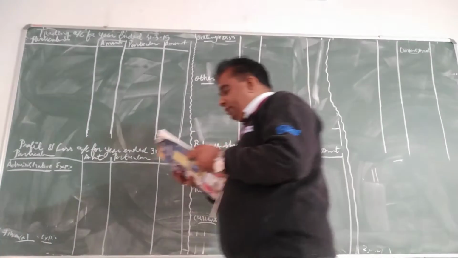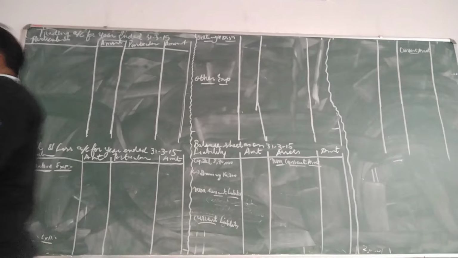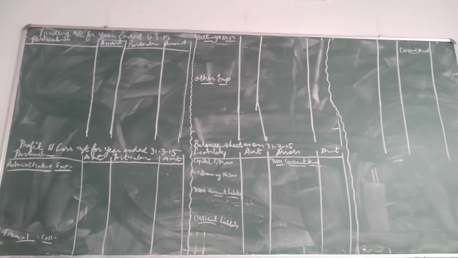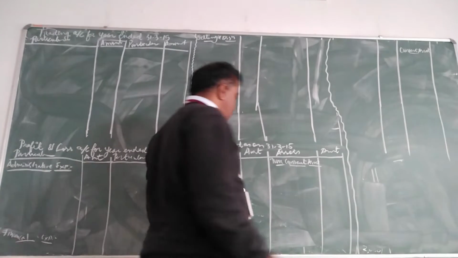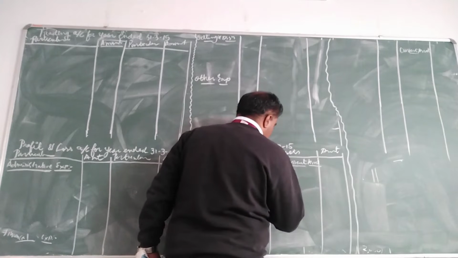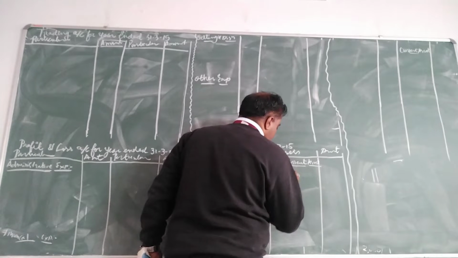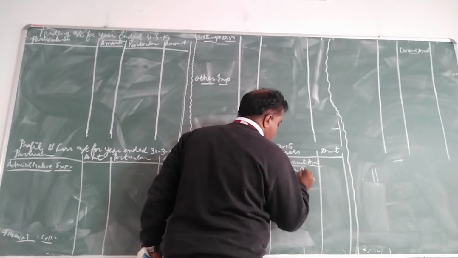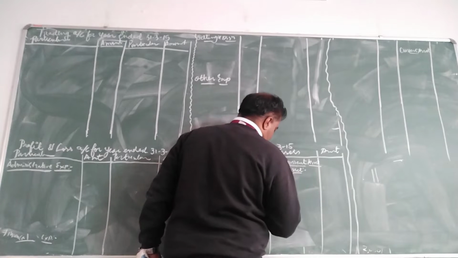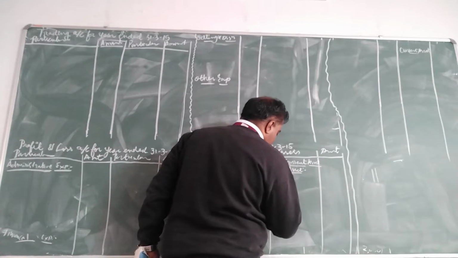Then land and building, 1,80,000. So under the head fixed assets, non-current assets, then fixed asset, land and building.